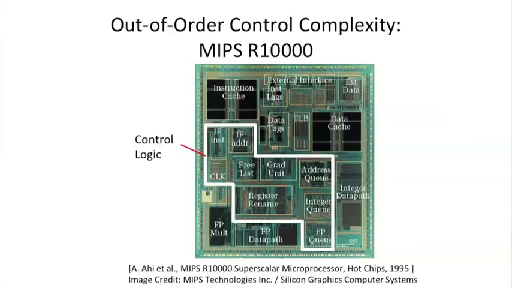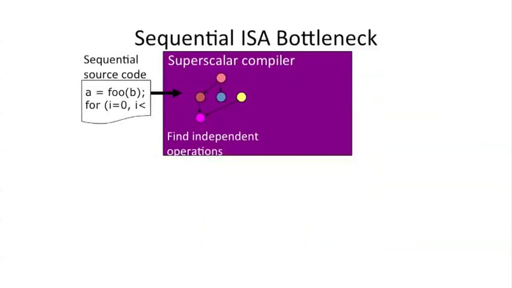Another problem with out-of-order superscalars, or superscalars in general, is thinking about how we express parallelism. I alluded to this in a previous lecture, but it's worth repeating. Let's take a look at what happens for sequential code on an out-of-order superscalar. We start off with some piece of C code.